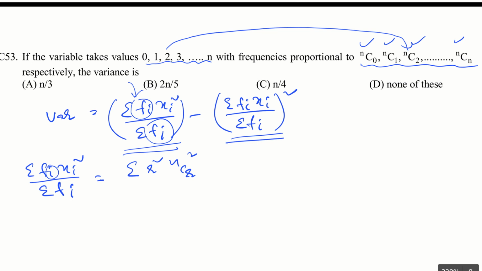Instead of I, this time I am using the varying variable or sigma as r, doesn't matter, and we are more familiar with this: r equal to 0 to n, sigma, not nCr square, not fi square, it is just fi only, so nCr by nCr.